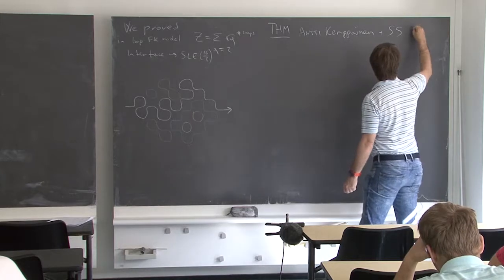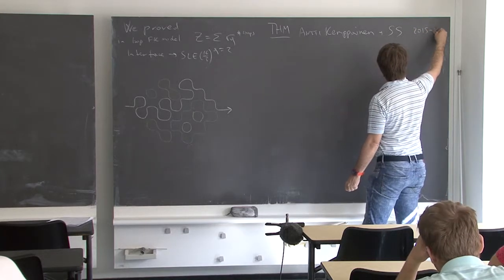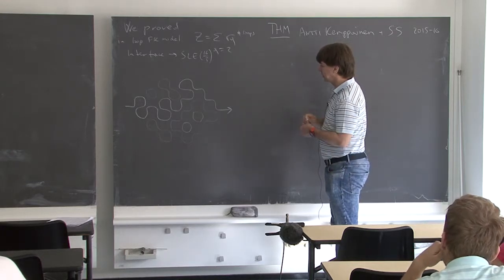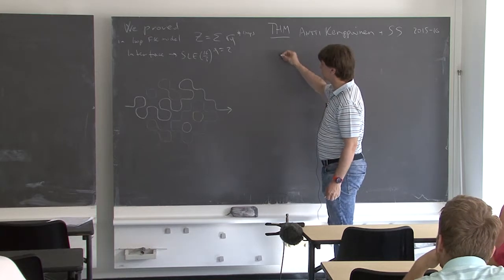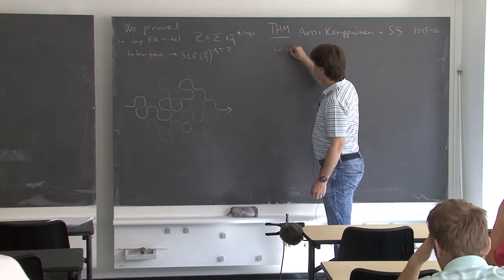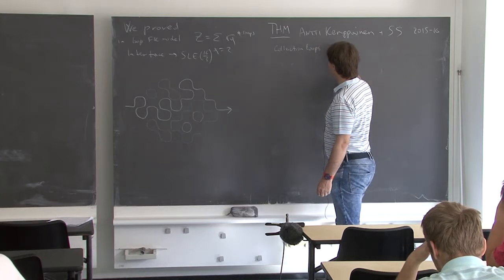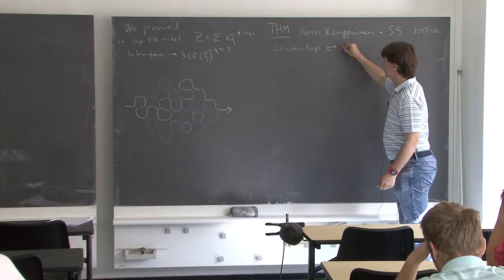And this basically theorem says that we can write this collection of loops as a branching tree.